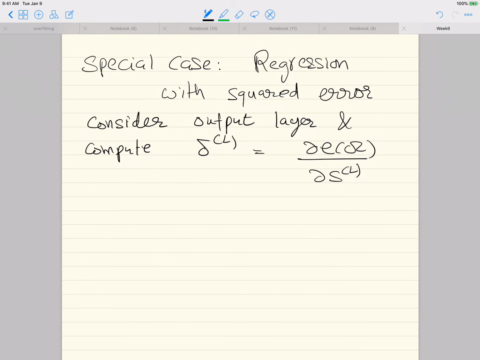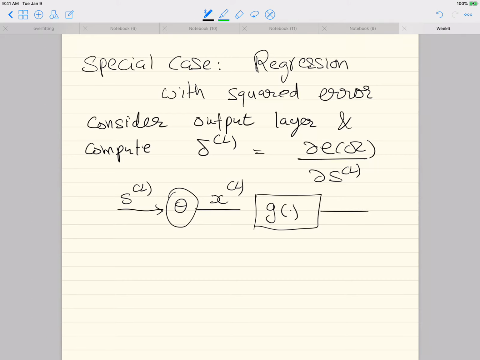So the setting we have is, because this is a squared error, the dimension of the output layer will be 1. So we have a scalar coming in, it goes through the activation, and produces XL. Then this goes through the G function, which produces E of omega, which is G of XL and Y. In this case, it's (XL minus Y) squared. This is how the loss is computed.